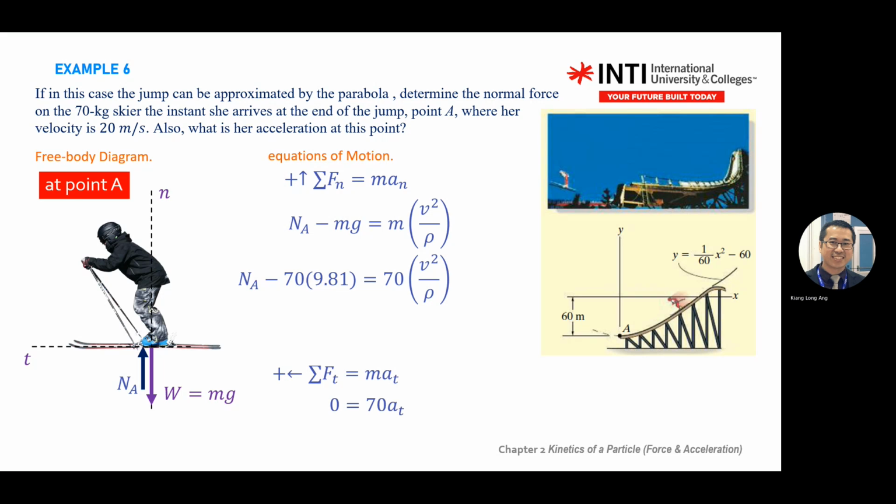All right. This one, sum of Ft equals 0, Nicole. Why is all the force in tangent 0? And now your tangent is positive to the right. Why 0?